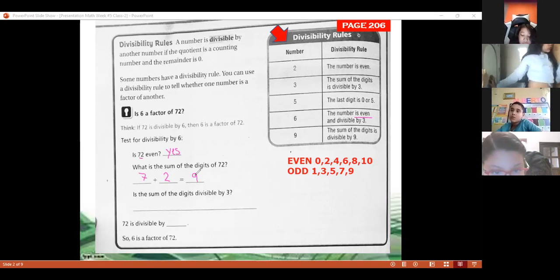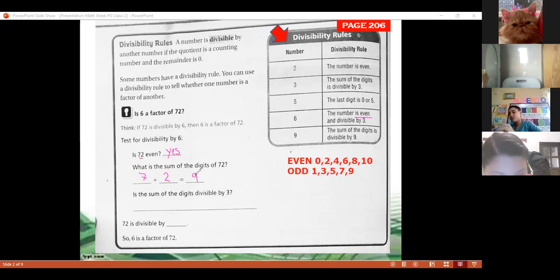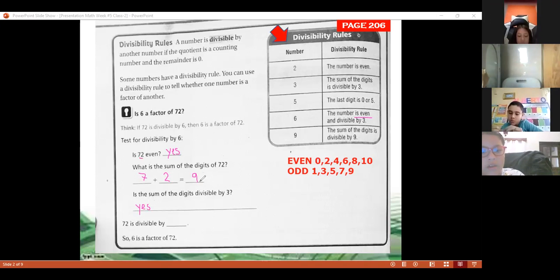And I know that in the table of 3, 9 is there, 3 times 3, right? So the sum of the digits is divisible by 3? Yes, it is divisible. Why is it divisible? Because in the table of 3, I can find 9. So I can divide this number and get remainder 0.